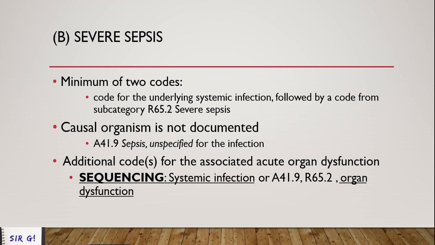There should be a minimum of 2 codes. Okay, every time you see a documentation of severe sepsis, you always need to code for the underlying systemic infection or the sepsis code. And you can specify that there's a severe sepsis if there's an organ dysfunction.